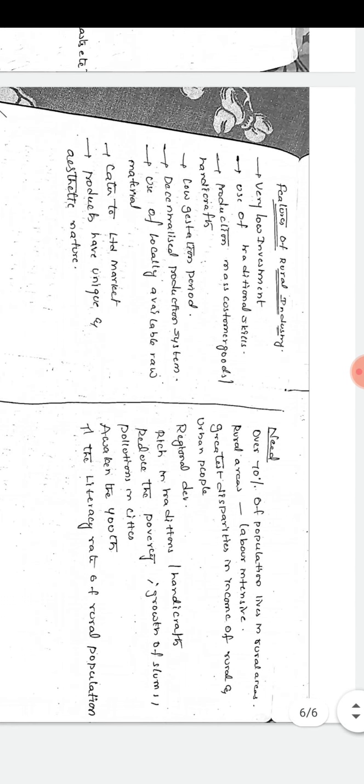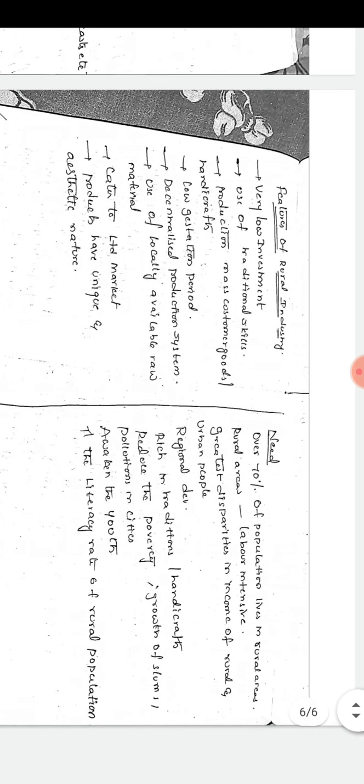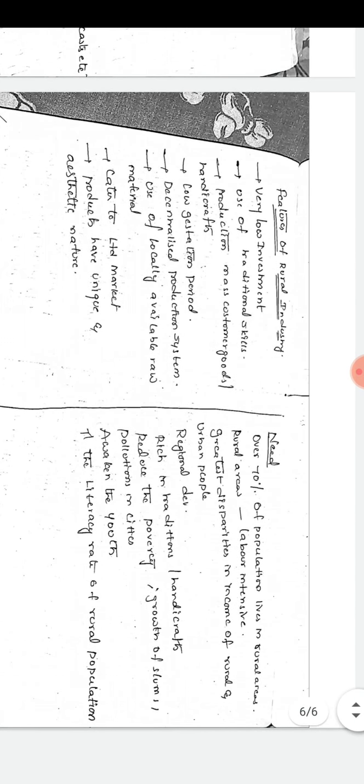So what this is saying is, 70% of the population live in rural areas, so there will be a lot of availability of labor, so we can utilize the labor efficiently in order to produce the products, handicrafts. So it is necessary to have rural enterprises, and also there should be regional development in the rural areas, and to avoid the disparities of income in the rural and urban areas.